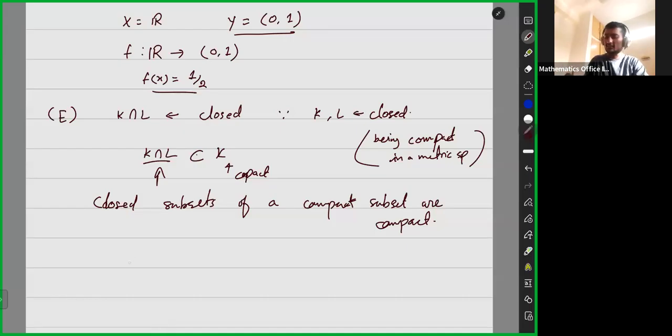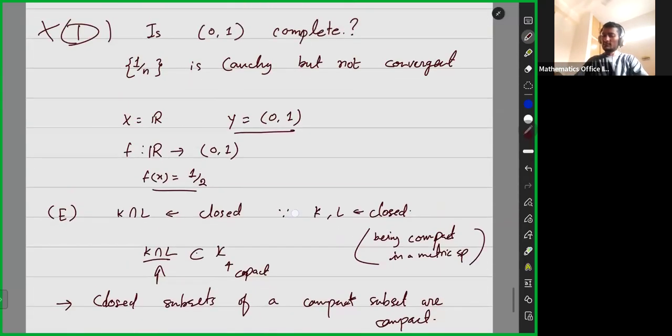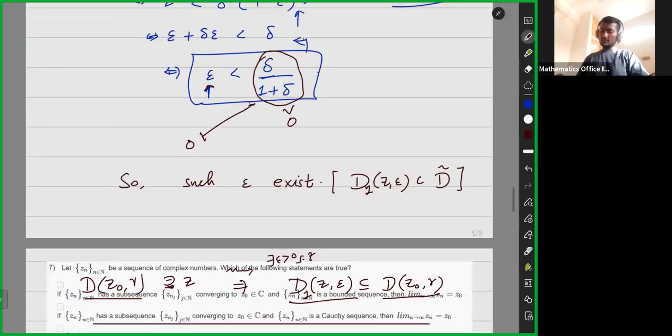Someone wrote it is correct: a finite union of compact sets is compact. So the option is correct, and these are the logic behind it being correct. Okay, so let's see the next question.